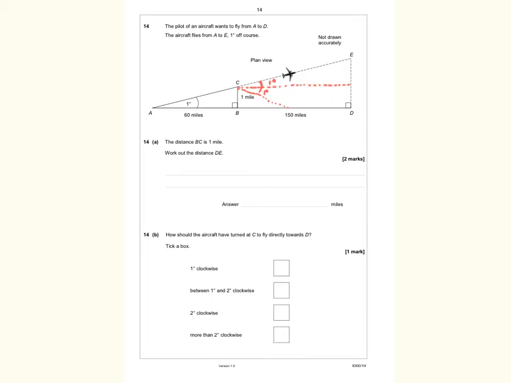But let's think about what we have here. We've got 1 degree there, 1 degree there. This angle here must be 89 degrees. This angle is also 89 degrees.